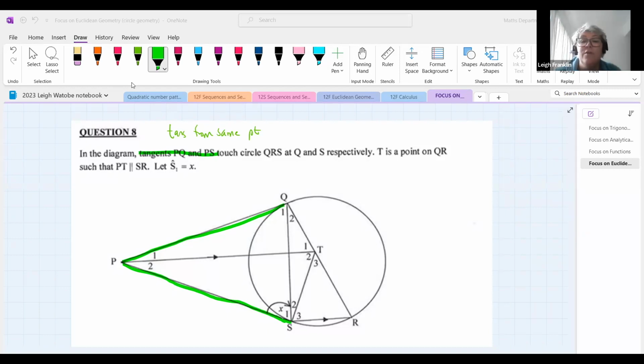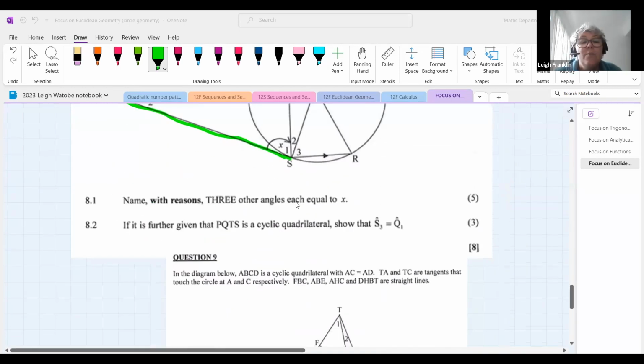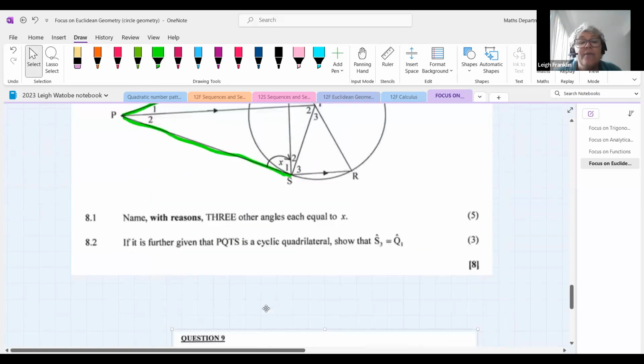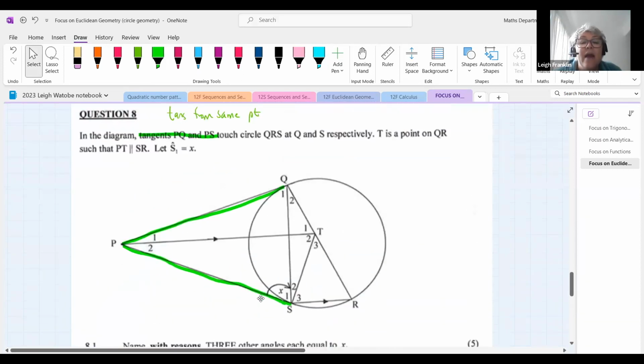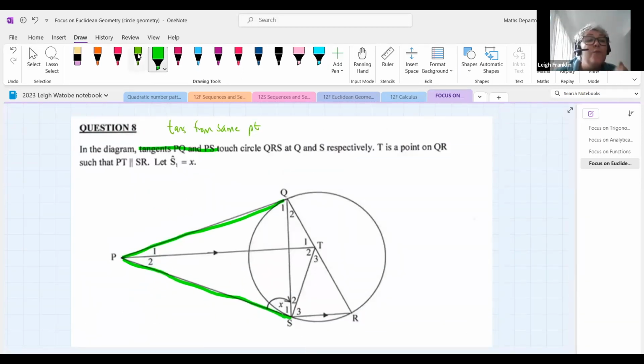You can see here one of the questions was, name with reasons 3 other angles equal to X. By reading the information and interpreting it correctly, you've already got part of the answer for the first question. Then they've told us that T is a point on QR such that PT is parallel to SR. I'll highlight these lines in pink.